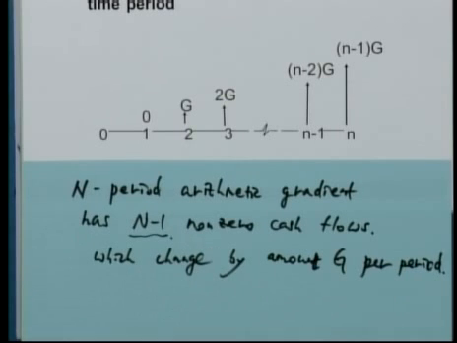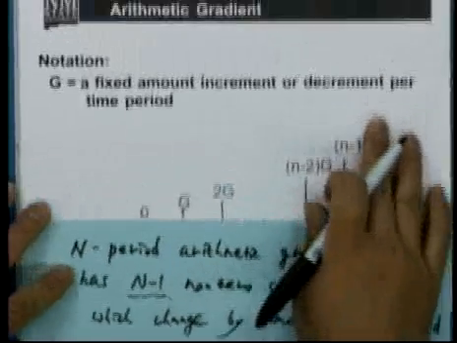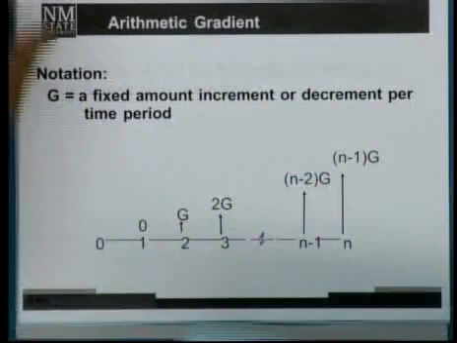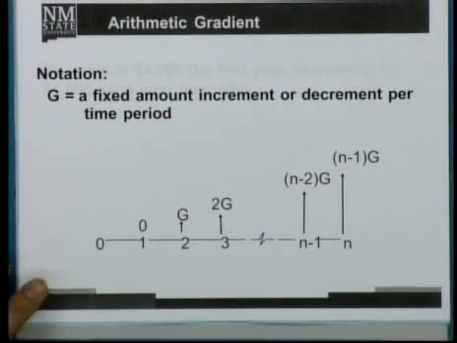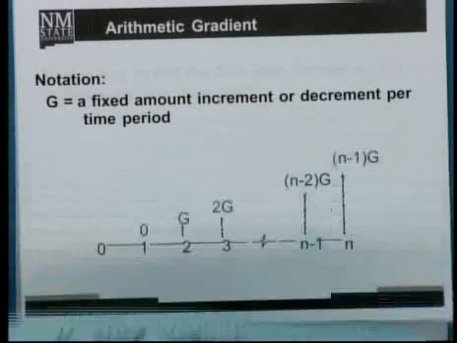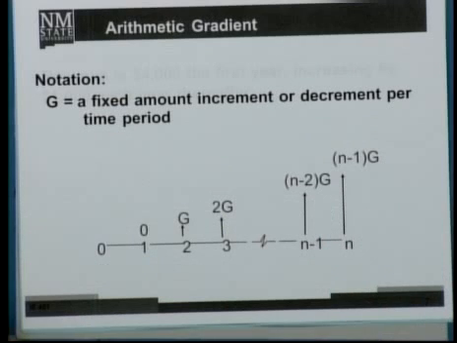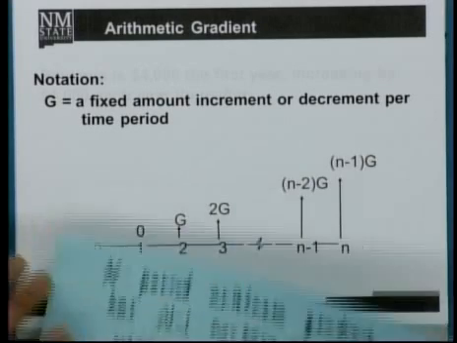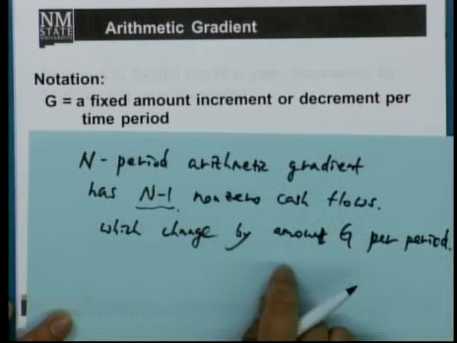So while considering the arithmetic gradient here, the common mistake is to visualize an arithmetic gradient series as n-1 periods long. The arithmetic gradient series is n periods long. Okay? But the first period has 0 cash flows.